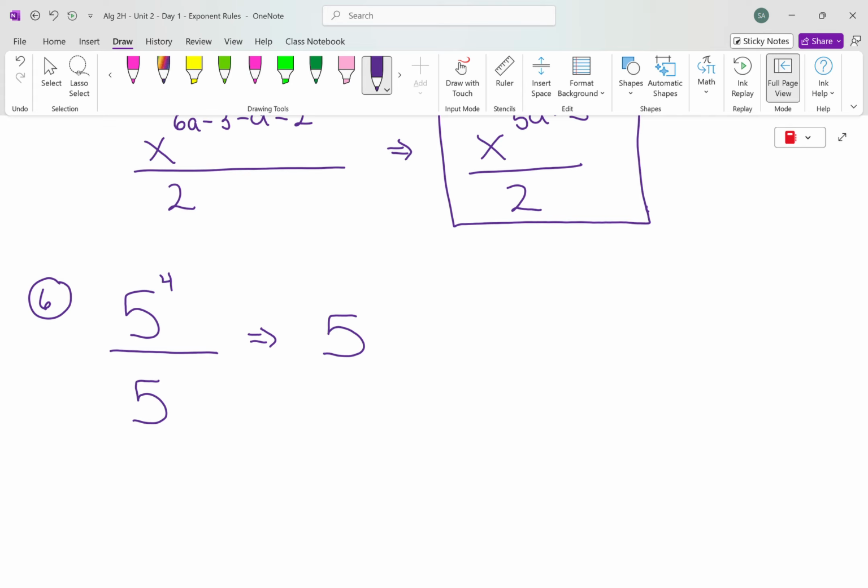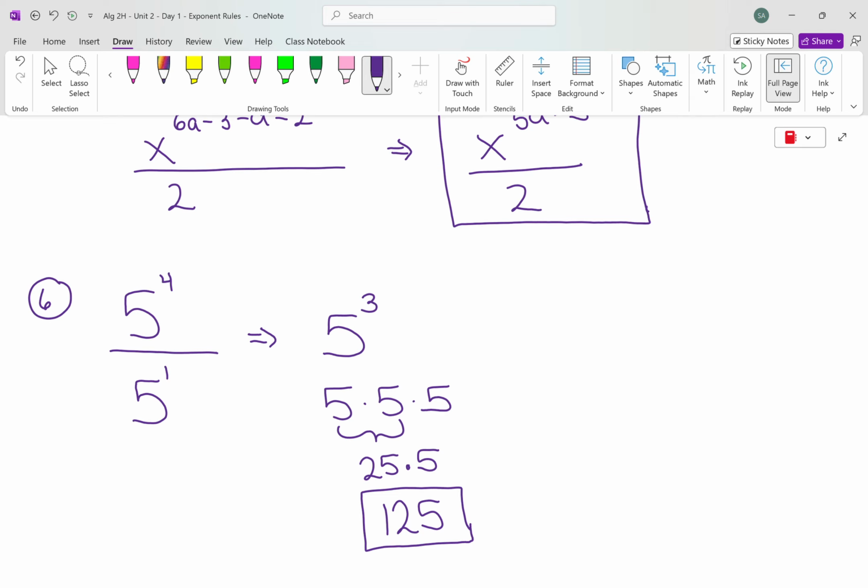Base, what does the rule say? Keep the base as it is and do what with your exponents? Subtract. What exponent does the bottom 5 have? 1. A 1. 4 minus 1 is 3. Can I leave it as 5 to the 3rd power? No, the rule says if it's 5 or less, we're going to multiply it out. So this is 5 times 5 times 5. 5 times 5 is 25. 25 times 5 is 125.